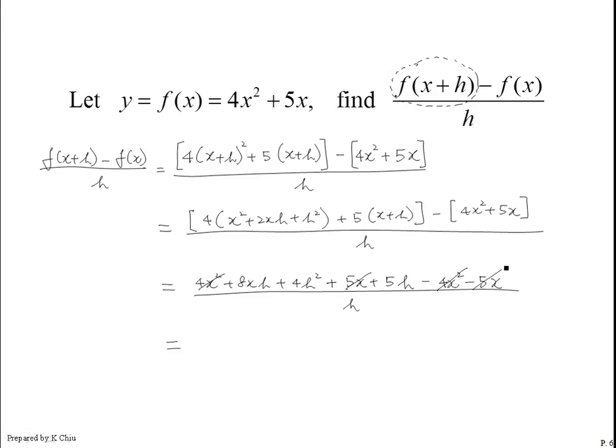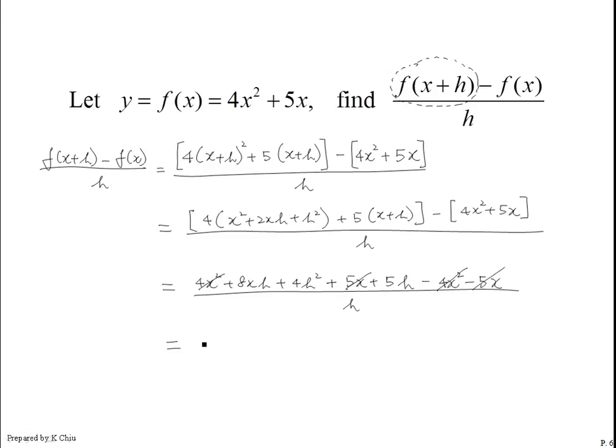Can I cancel out the h here like that? We cannot, because we have a plus or minus on the top, the whole thing divided by h.